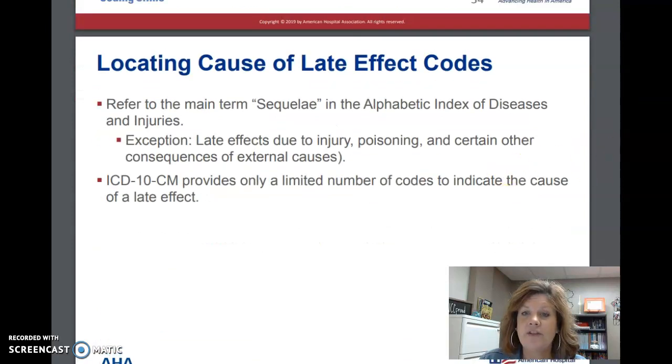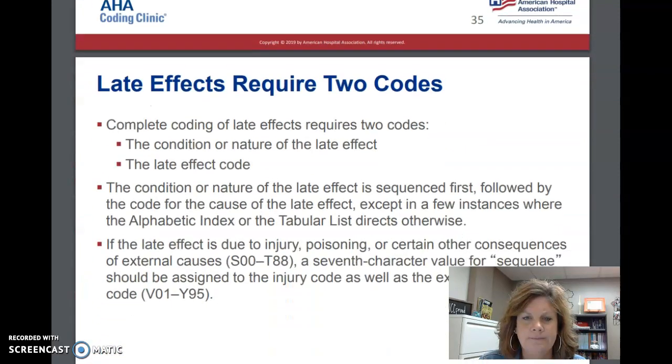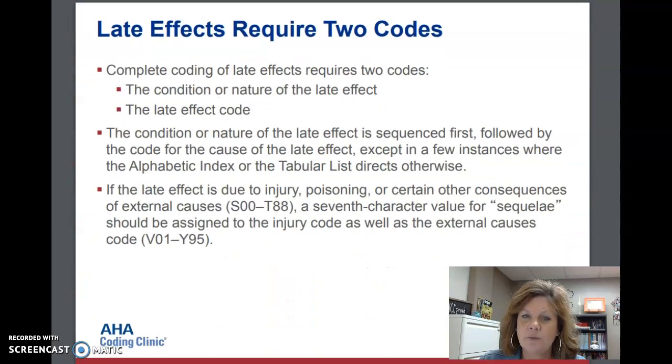Locating the cause of the late effect could be under the main term sequela in your alpha. Exception: late effects due to injury, poisoning, and other, we'll get into them later on. Late effects a lot of times will require two codes. So complete coding of late effects does require two codes.